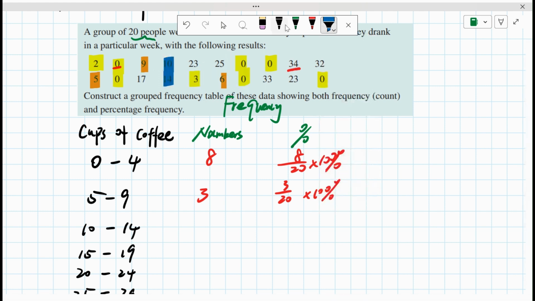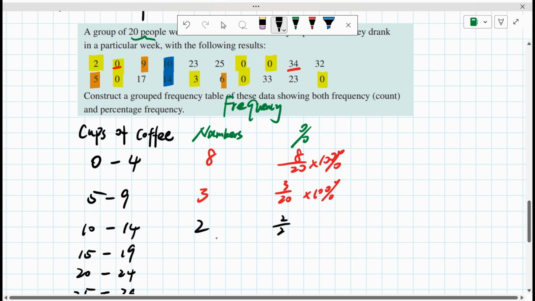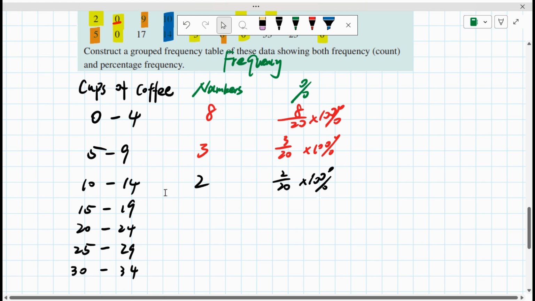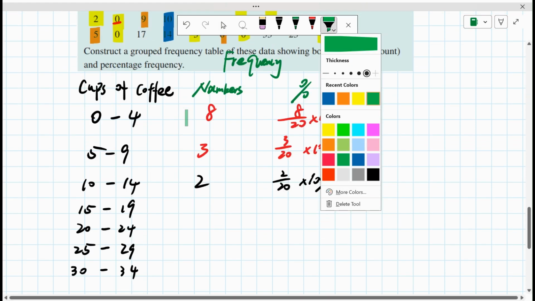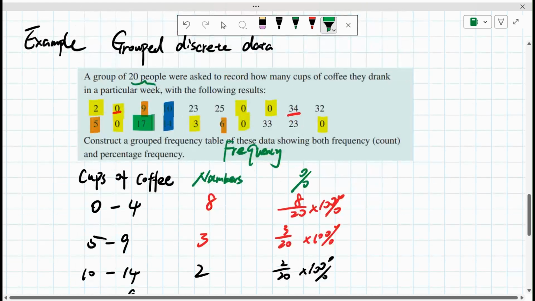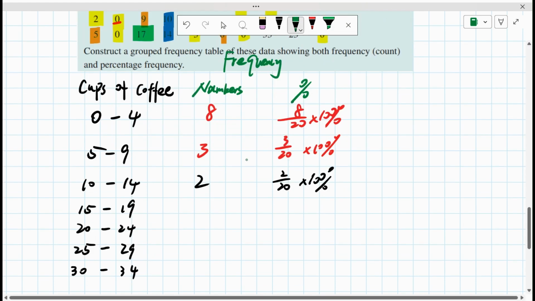So only 2, so 2 over 20 times 100. And 15 to 19, so we keep going. That's only 1, so 1 over 20 times 100.